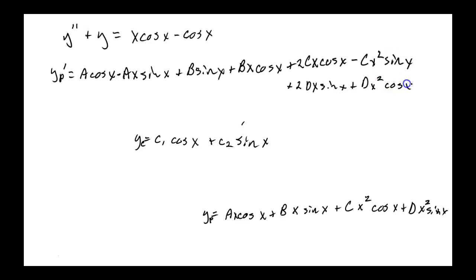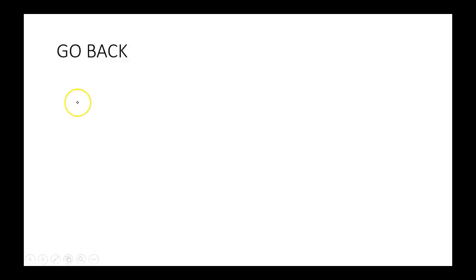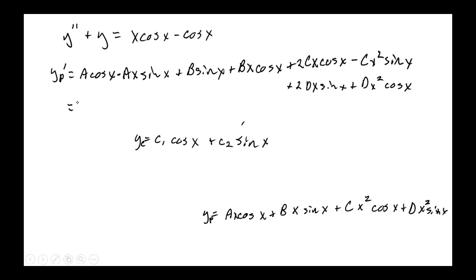All right, there's my particular solution first derivative. Now, is there anything here we can combine? There's no cosine only term except this one.